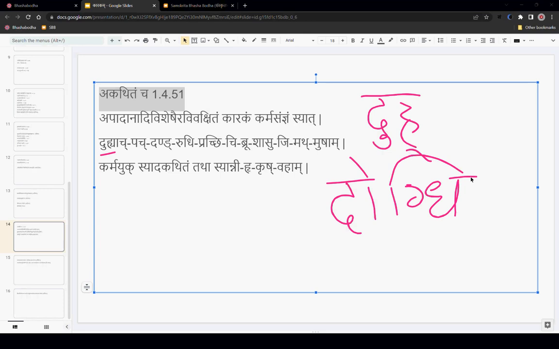What is the karaka? Apadana, sir. So use the word for cow in Sanskritam in apadana karaka or panchami vibhakti now. What is the word for cow? Dhenuhu. What is the panchami vibhakti of dhenuhu? Gobah or Dhenoho?